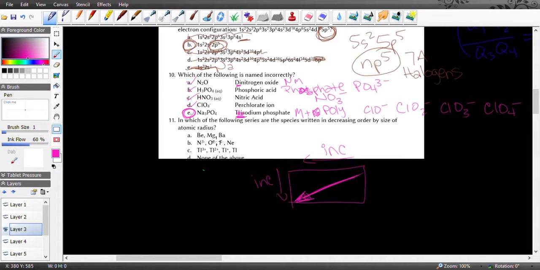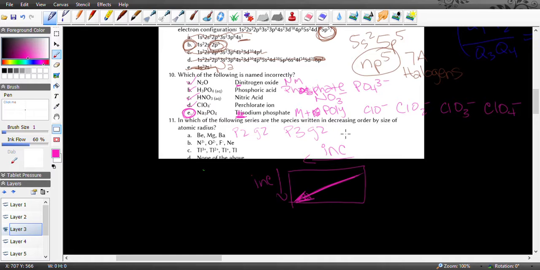So if you look at beryllium, magnesium, and barium, periodic table. So beryllium is period 2, group 2. Magnesium is period 3, group 2.